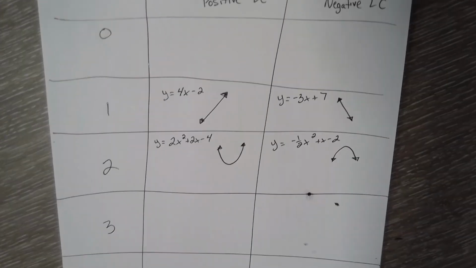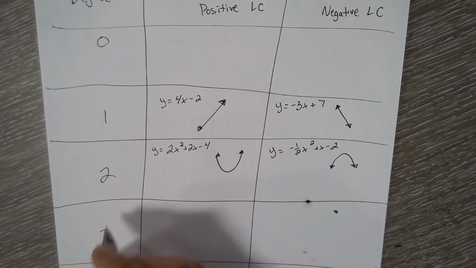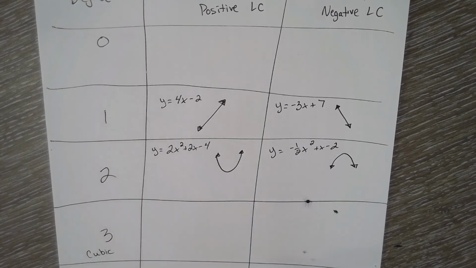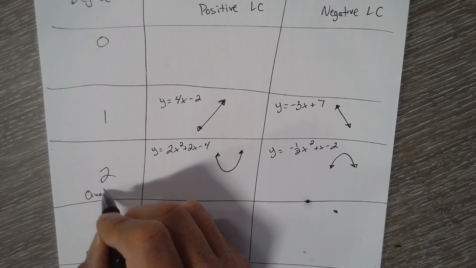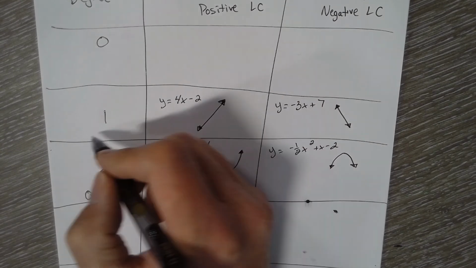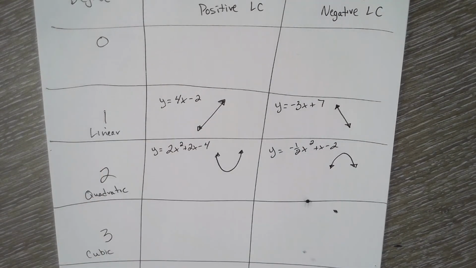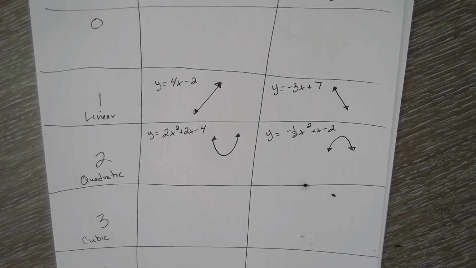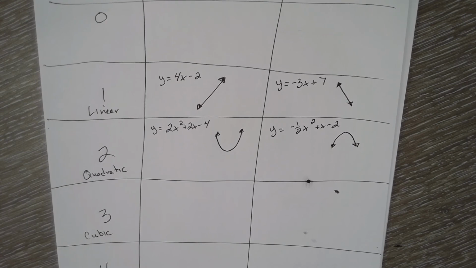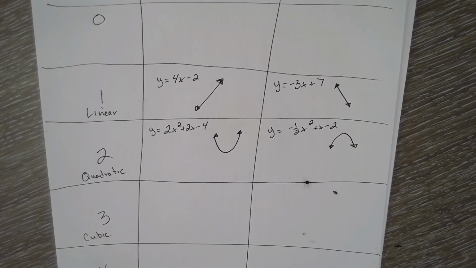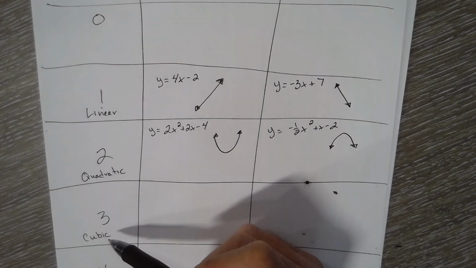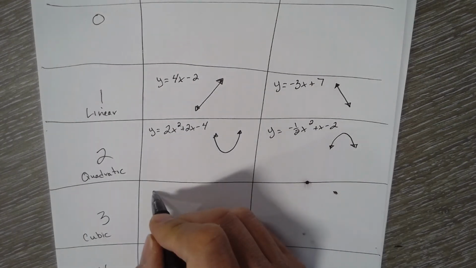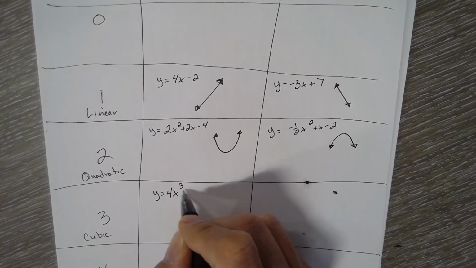Now we're getting to something called a cubic. Third degree is called a cubic. This was quadratic. This is linear. So a cubic with a leading coefficient that's positive might be like 4x cubed plus some other stuff.